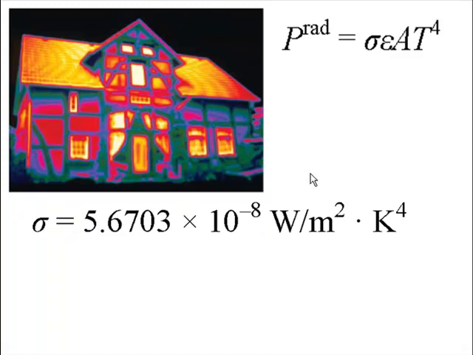Now, if you're standing nearly naked on the beach, you're going to be losing a lot of energy from radiation. But you're also going to be absorbing radiation from your environment. So you'll be radiating this way, but you're going to pick up energy from the environment.